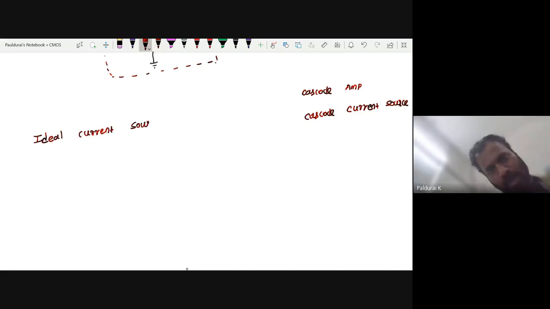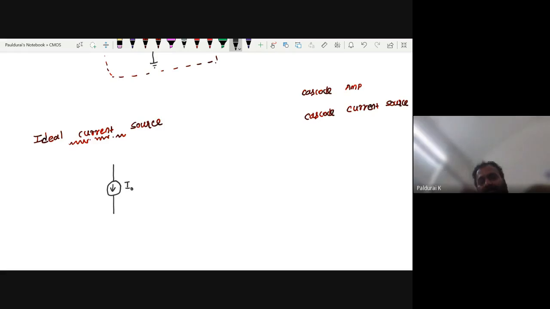What is the property of an ideal current source? How will you test it? The characteristics of an ideal current source. Let me assume this is my current source, having some current Iout. How will you test this?